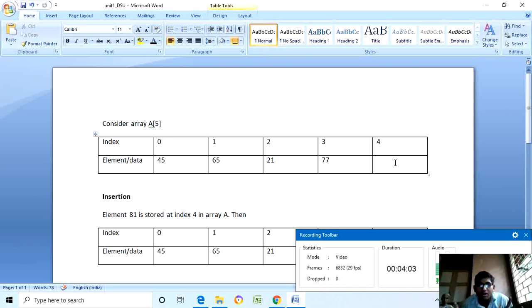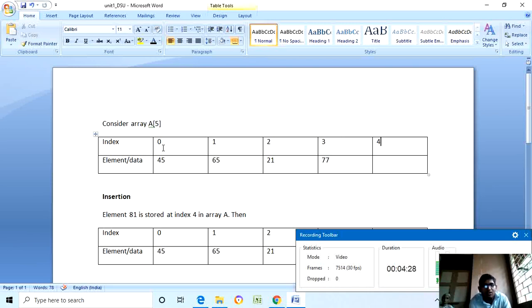So you all know what an array is, and an array is nothing but a sequential representation of data or a collection of data. But the important thing is that it is a homogeneous collection of data. Homogeneous means only one type of data can be collected.